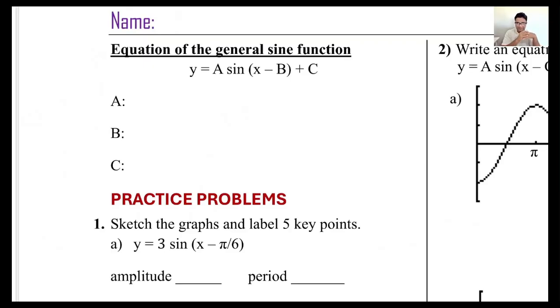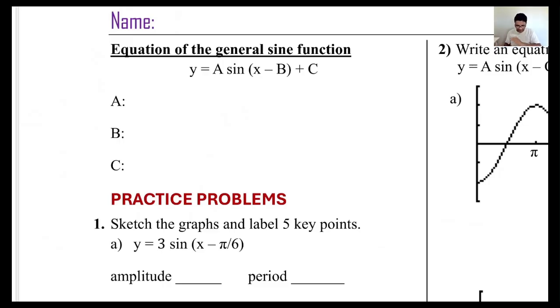Now let's make that concept solid by looking at, in general, what do those transformations become in the equation. Like the two examples we wrote just now, you multiply that sine by some coefficient at the front, right? Then you change the x by adding or subtracting, and then you might add something overall to the function.